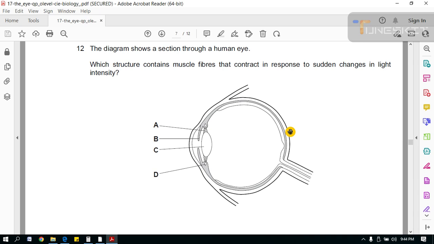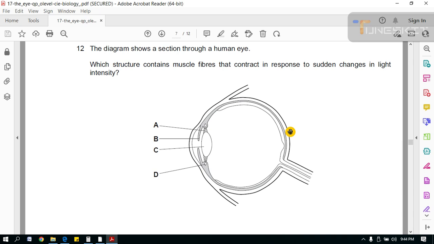Ciliary muscles are muscle fibers. The iris is also given here, in B. You can label all of these structures. A is the suspensory ligaments, B is the iris, C is the lens, and D is the ciliary muscle.